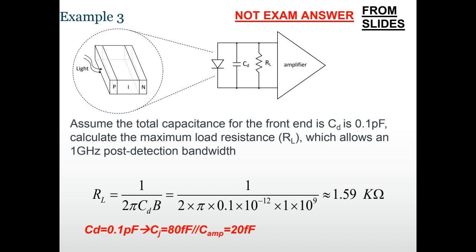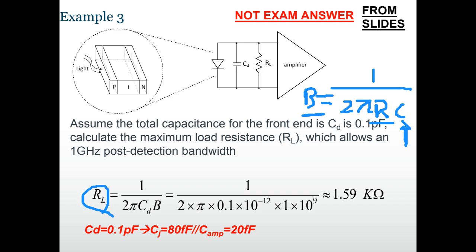For any RC circuit, bandwidth equals 1 over 2 pi times resistance times capacitance. So if you know the bandwidth and the capacitance, you can calculate the resistance. This is an example from the slides. For the exam question, we have different values, but in the same format.